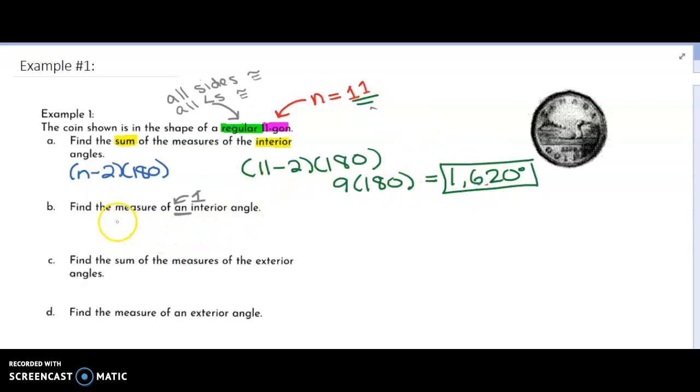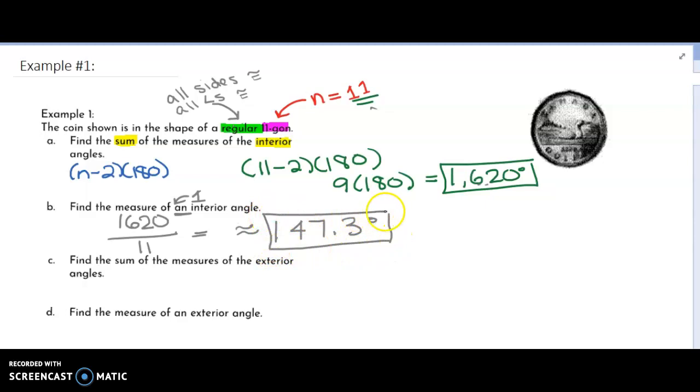All we're going to do here is take the sum of all interior angles, which is 1620, we just found it, divided by the number of angles, which is 11. You should have gotten that each angle is roughly 147.3 degrees. That's okay if you get a decimal.